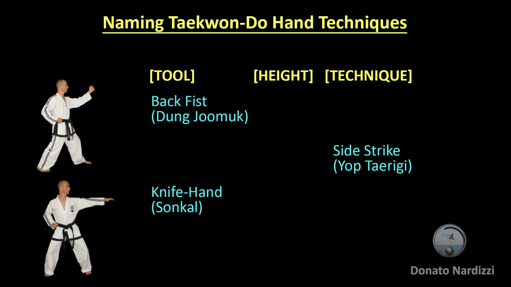But if no tool is specified for a punch, then you'll assume it's a forefist. Some techniques don't have common tools. For example, the side strike that I mentioned earlier can be done equally as well with the back fist or the knife hand. So it's just as common to have a back fist side strike as a knife hand side strike.